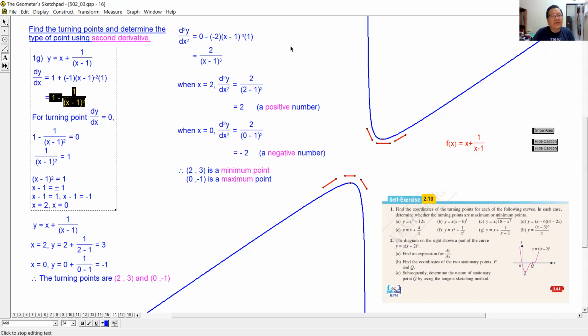Do you know how to find the second derivative? This is the first derivative. I am finding the second derivative here. Oh, let me write down again.